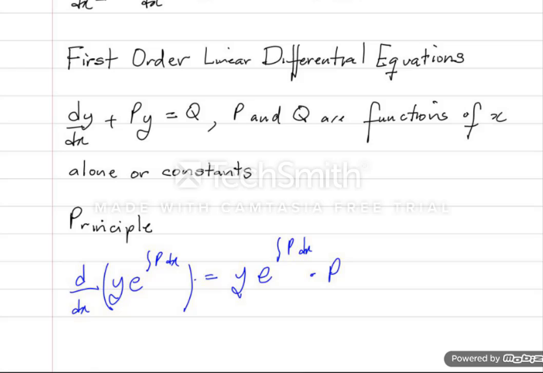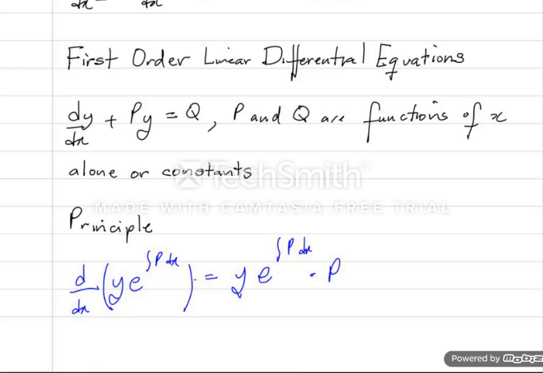Remember, differentiation is the opposite of integration. So if you integrate p and then differentiate it, you get back p. So the differential of the inside function is p.